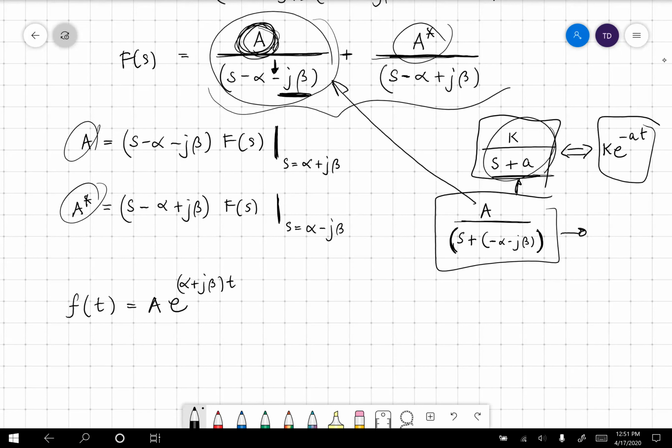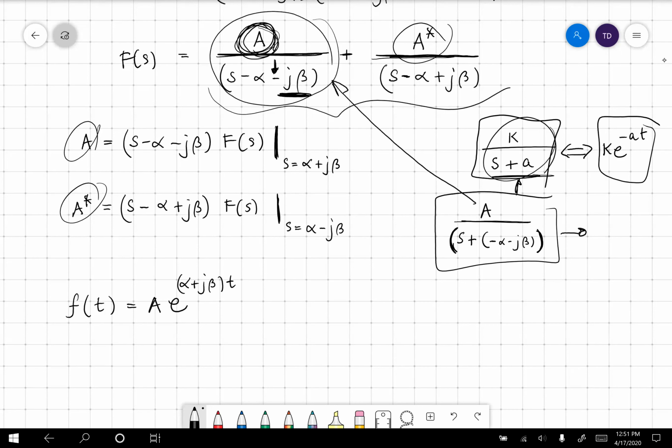What about e to the alpha t? Well, remember, alpha and beta are real numbers. E to the alpha t, real? Can I pull that out of the real? Yeah, can pull that one out. Now, what is the real part of a purely imaginary exponential?